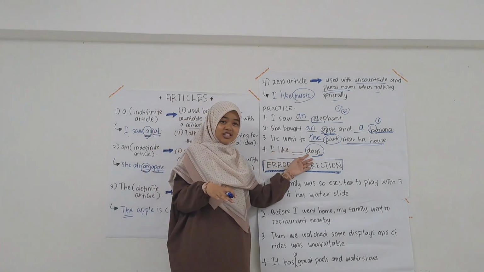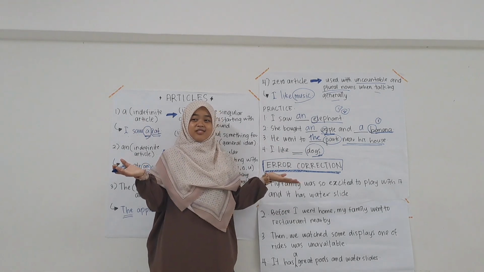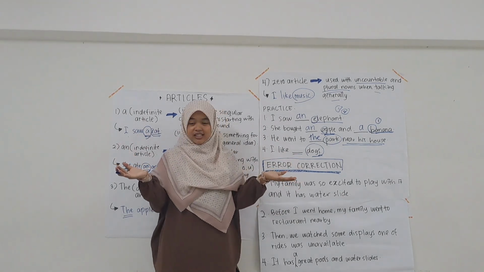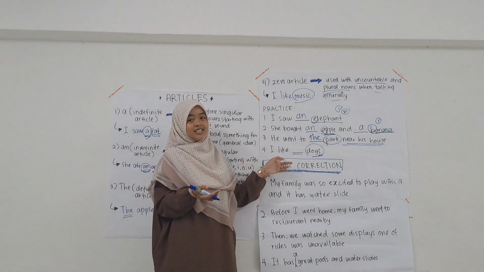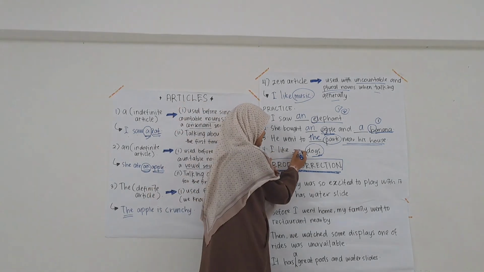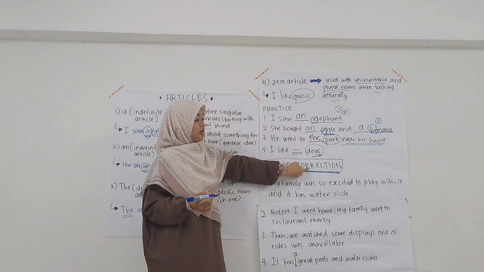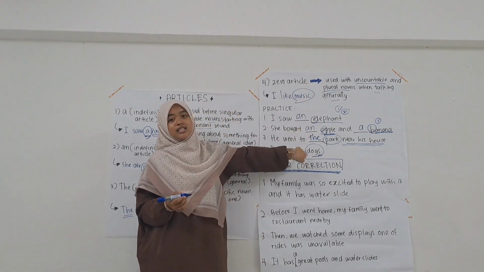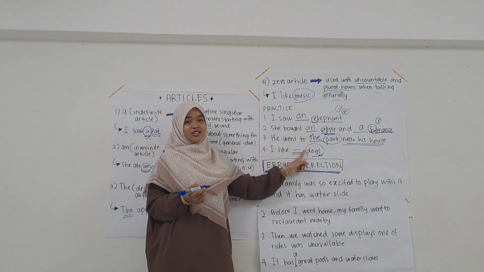It's just mentioning that he or she likes dogs. Generally, every single kind of dog. So the correct use of article for this sentence is zero article, because you are referring to a plural noun and you are talking about dog generally, not a specific kind of dog. So it will be I like dogs.